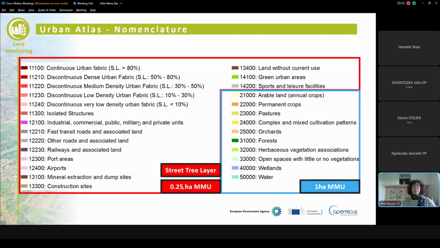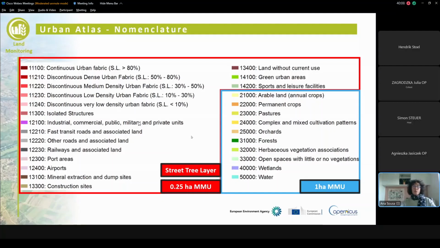And here you can see that the minimum mapping unit that I referred to before is different. In the artificial surfaces, so all classes that start with 1, the minimum mapping unit is 1/4 of an hectare. So a lot of detail in the core city areas. And then we have 1 hectare of minimum mapping unit in the other classes.